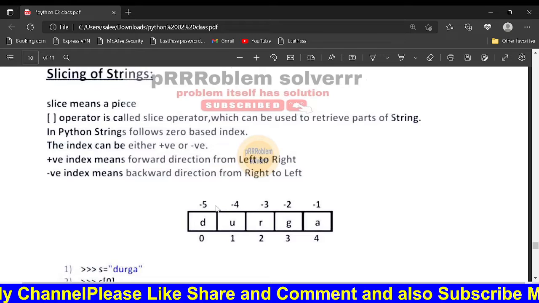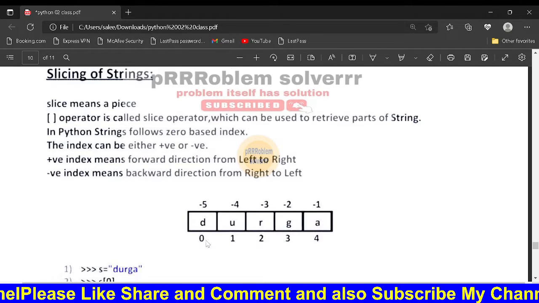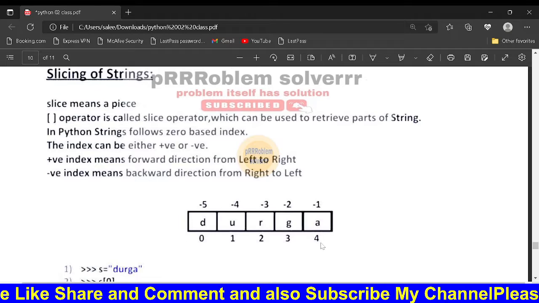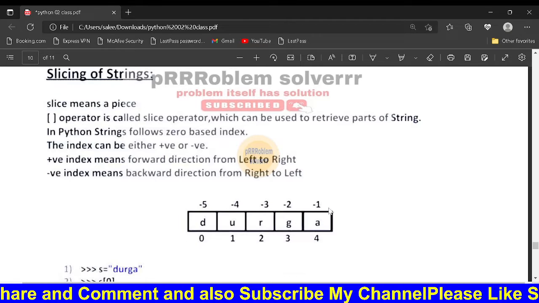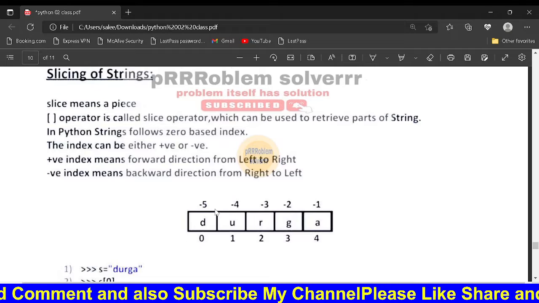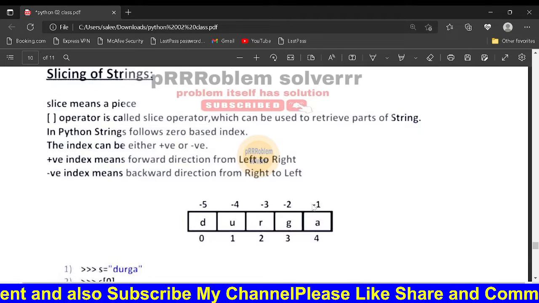Here it is divided into slices, pieces. Indexing is there: first slice 0 1 2 3 4, called the positive index, from left to right. The negative index starts from -1 -2 -3 -4, from right to left. The positive index starts from 0 and the negative index starts from -1.